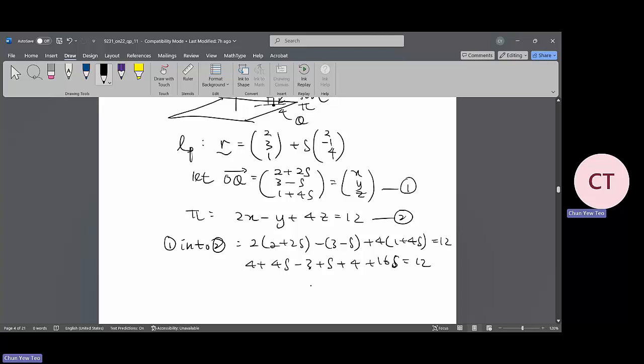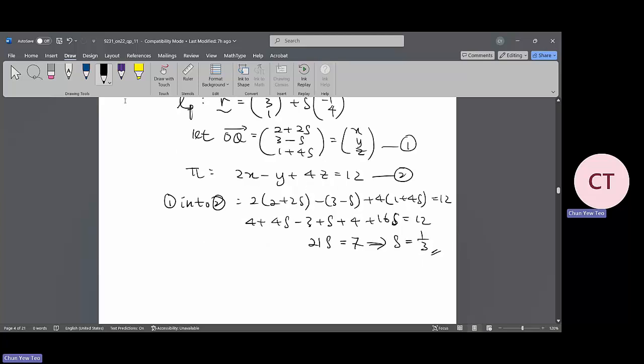So you have a total of 21s is equal to 12, 15 minus 8. 15 minus 8 is 7. So you get the parameter s is equal to 1 over 3.